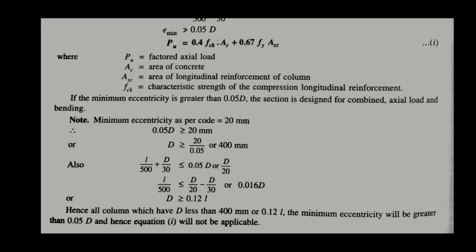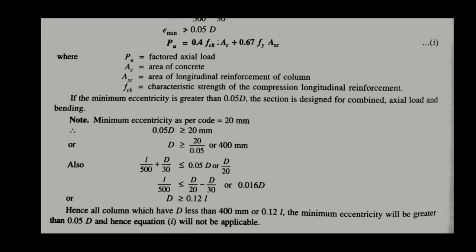So, L by 500 is less or equal to D by 20 minus D by 30, or we can write 0.016 D. So, D is greater or equal to 0.12 L, where L is length of column. Hence, for all columns where D, the lateral dimension, is less than 400 mm or 0.12 L, the minimum eccentricity will be greater than 0.05 D, and hence equation 1 will not be applicable in that case.